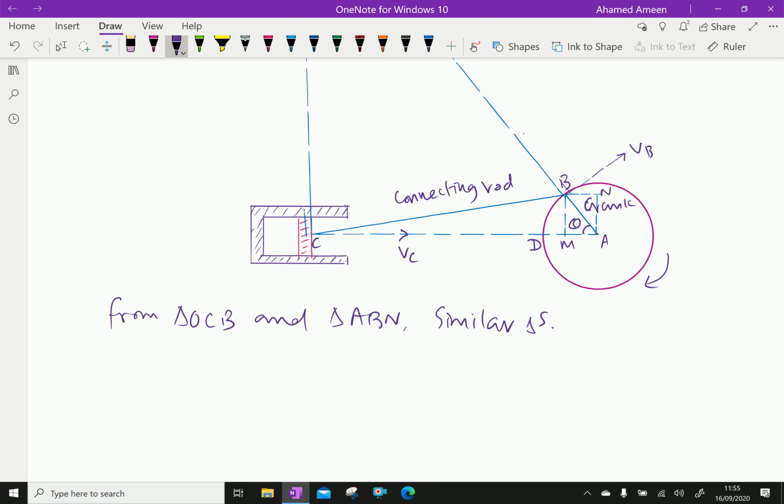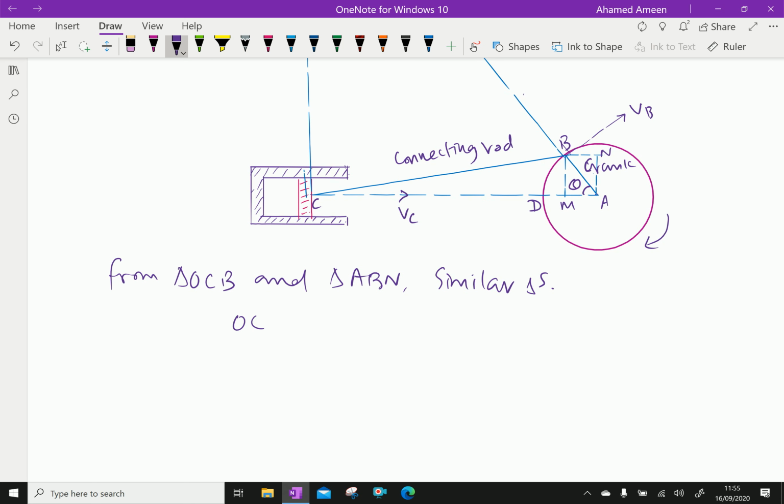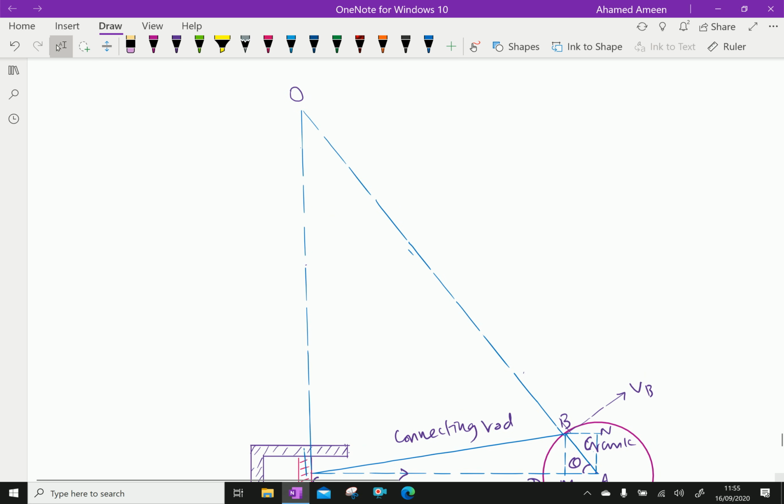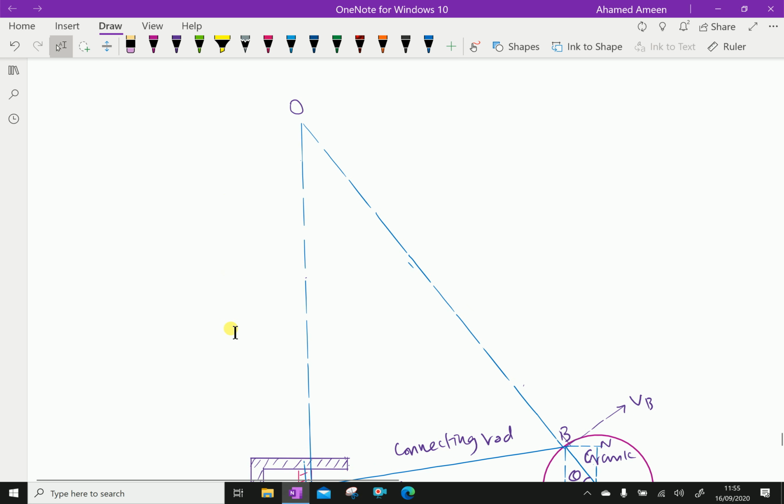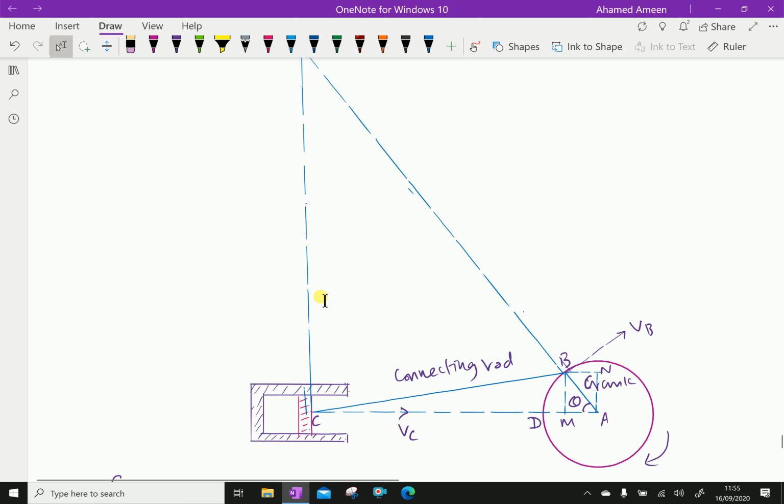Then from that we can write the ratios: OC over OB is equal to AN over AB.